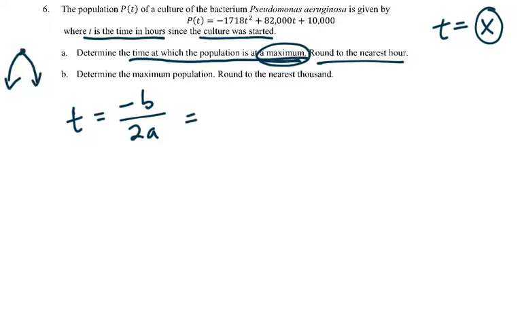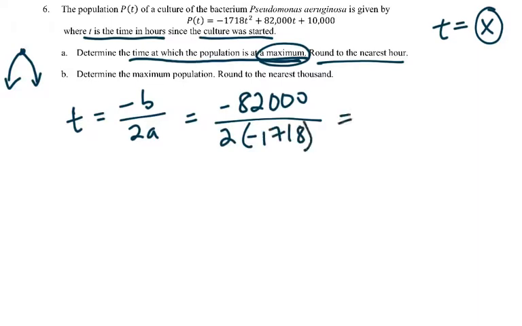So our T value at which we have a maximum is going to be -82,000 divided by 2 times negative 1,718. So we get negative 82,000 divided by negative 3,436.